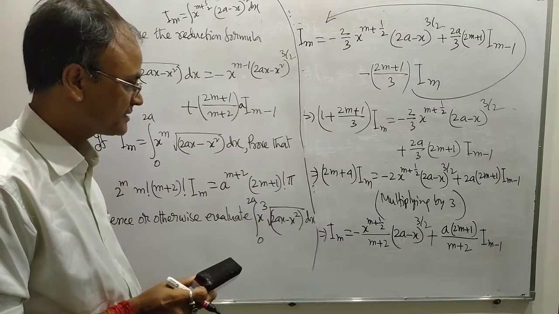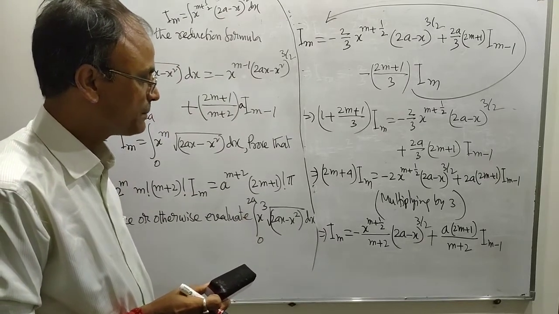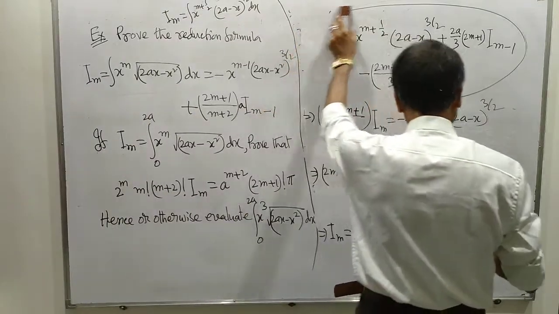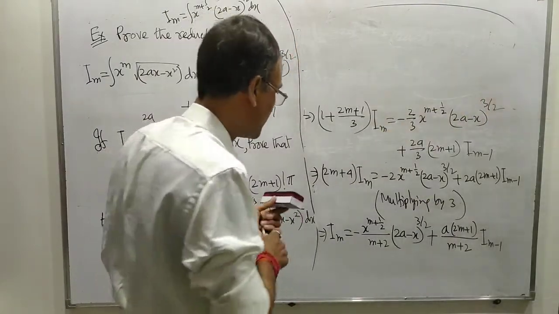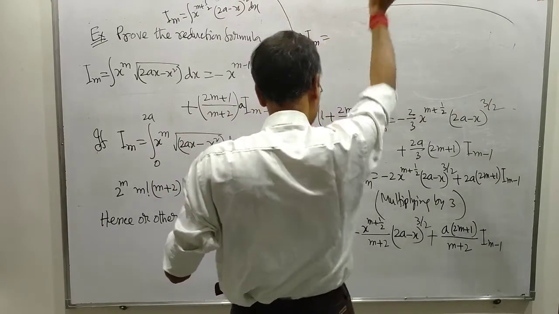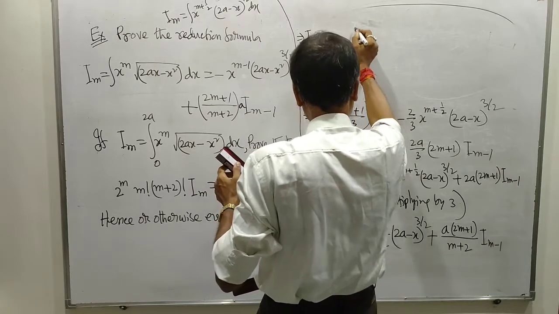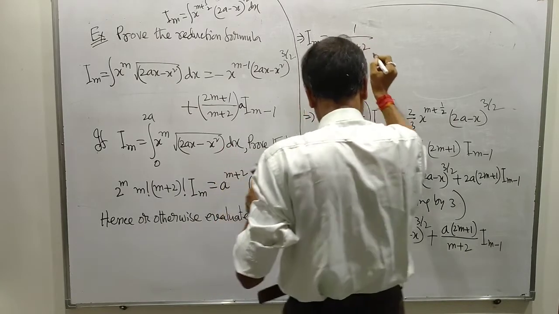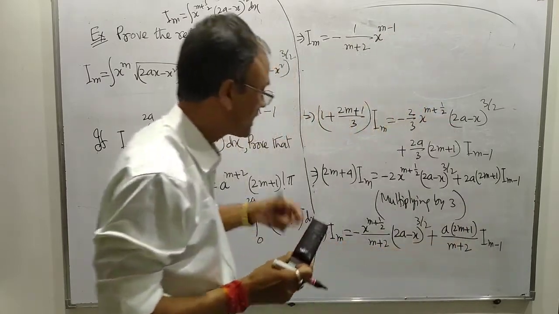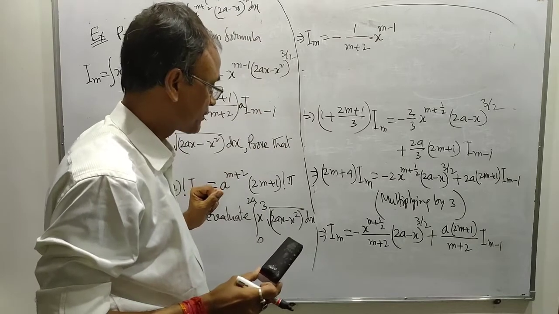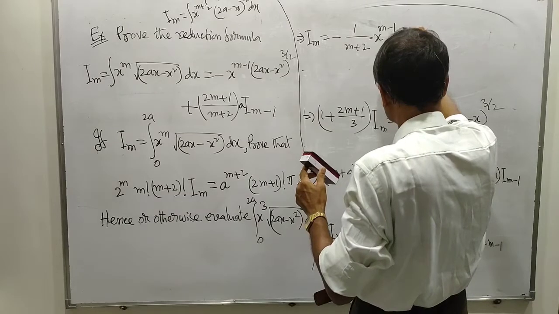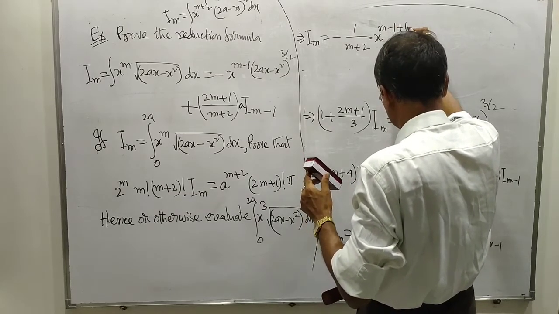I_m is equal to minus x to the power m plus half divided by this. Now you see, this means I_m is equal to minus 1 by m plus 2 times x to the power m minus 1 plus 1 plus half.